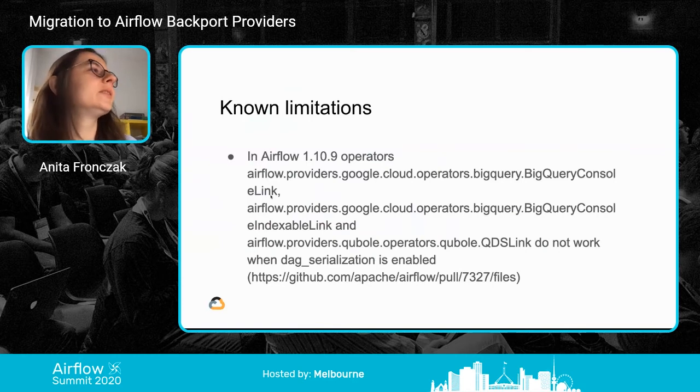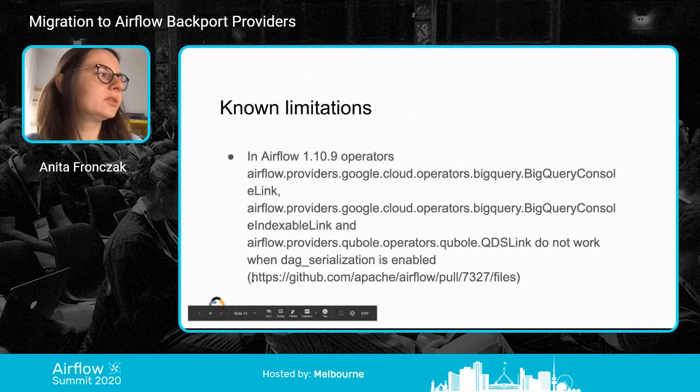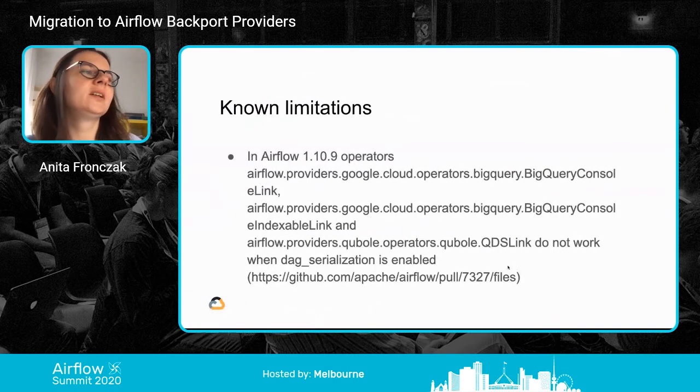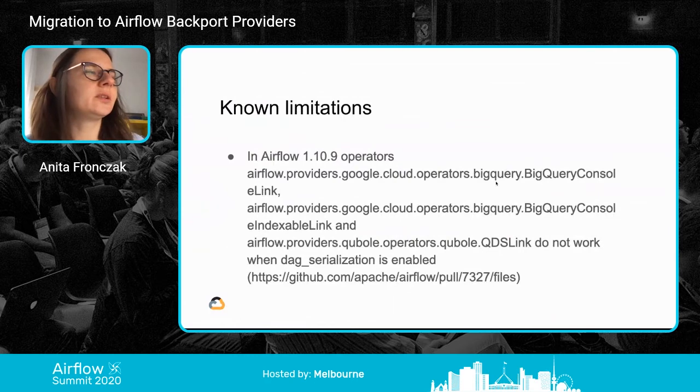Unfortunately, while testing Airflow Backport Provider operators with DAG serialization on, we found out that basically those three operators, because of how the plugins are loaded, do not work. But there's been a pull request in the master already. It's being pulled into Airflow 1.10.11, and it will work. We'll probably backport it to Airflow 1.10.9.